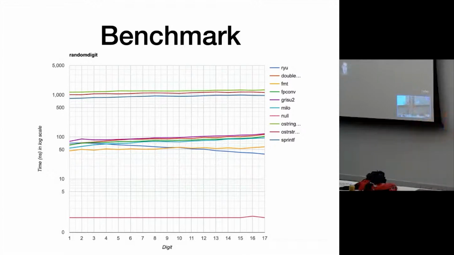algorithms. So among the faster ones, FMT, which uses Dragonbox but a little bit suboptimally, and Ryu, are in a similar situation as with integers. FMT is faster on shorter outputs, and Ryu is faster on longer ones in this benchmark.